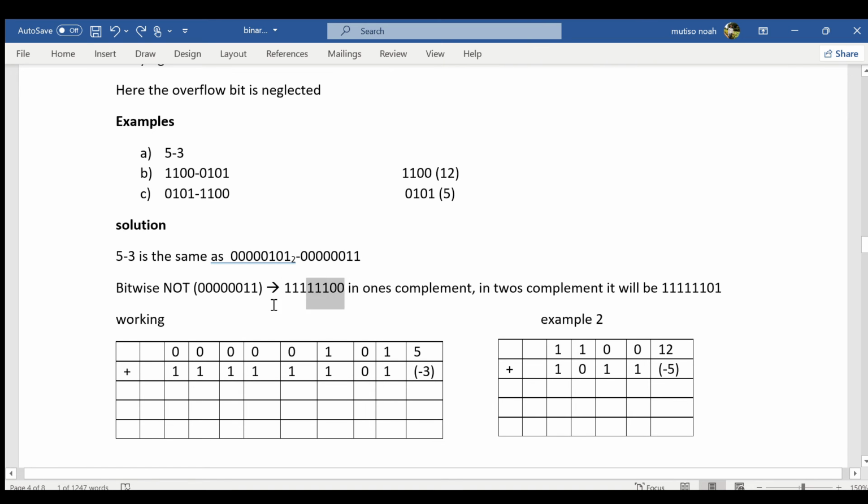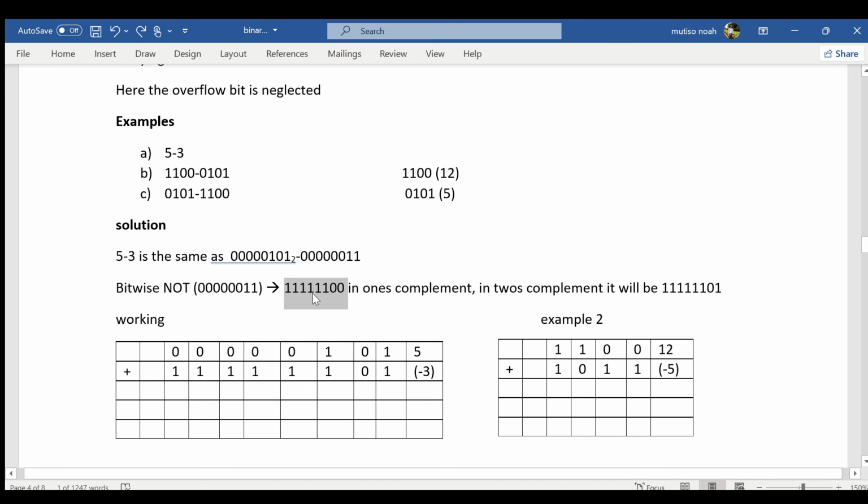Up to that point, we have learned it from the 1's complement. To make this one work in 2's complement, because it is only the one which is going to be different, or altered again, to make it from a 1's complement number to a 2's complement number, the one which is being subtracted is the one which we change again from 1's complement to 2's complement.